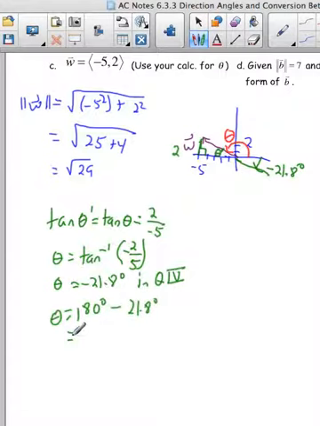If we subtract those two, we find that theta, our direction angle for this vector, is 158.2 degrees. So you need to be careful when your vector is not in the first or fourth quadrants, like it was in the first two examples, that we think about the angle that our calculator gives us and adjust it accordingly.